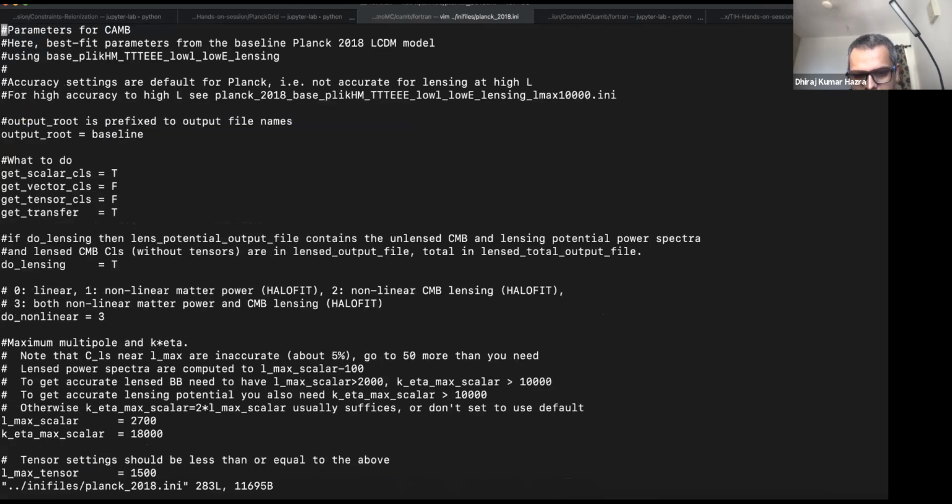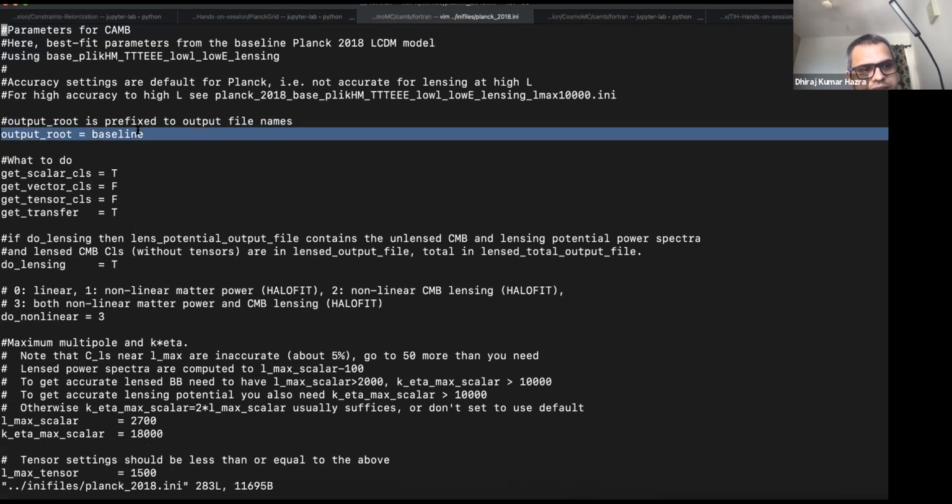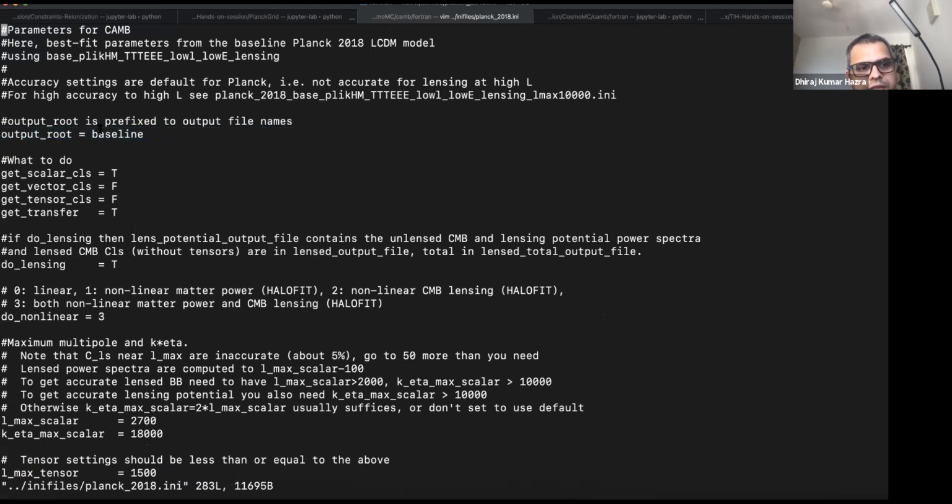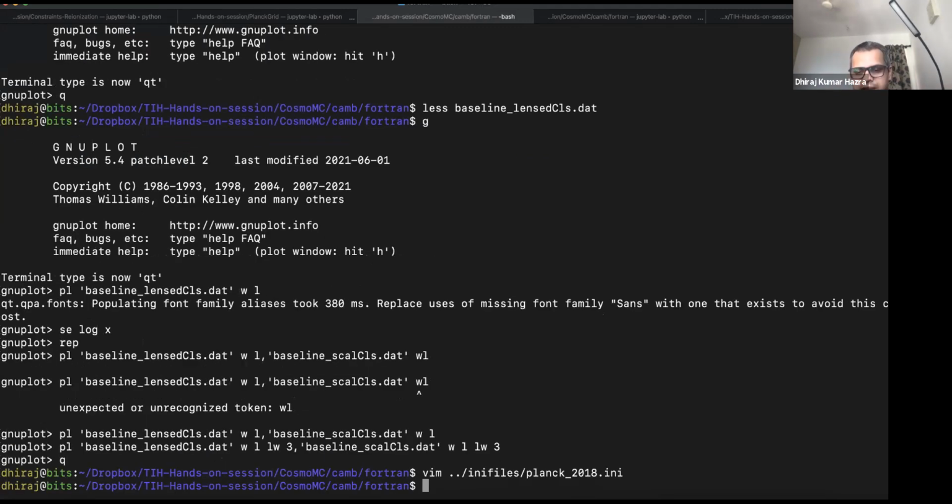Planck_2018.ini. If you open that, you will see the output root. I hope you are able to see my screen. Instead of Planck_2018, write it as baseline, then save it and run ./camb inifiles/planck_2018.ini again.